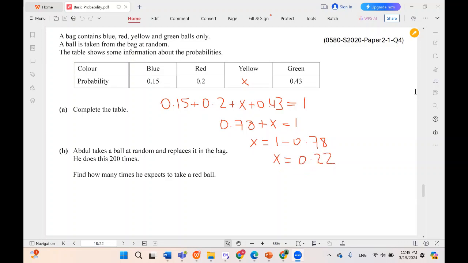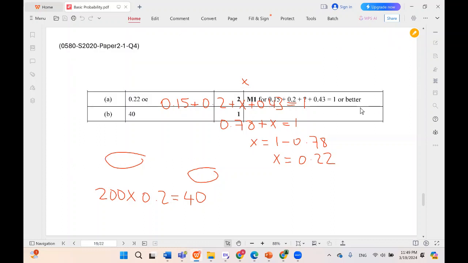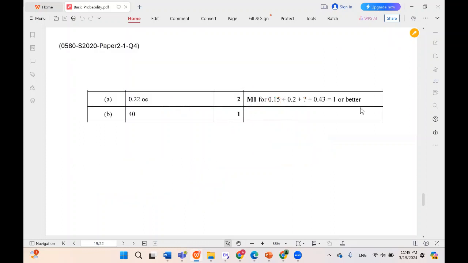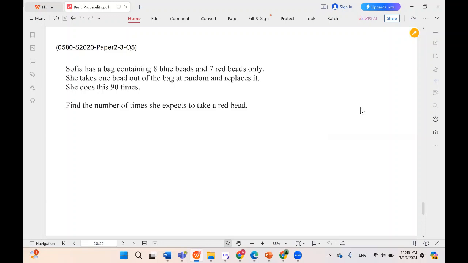And then for question B, we are told that he repeats the experiment 200 times, and we want the number of times he gets a red ball. So the probability of red is 0.2, and therefore the answer is 40. So we have 0.22 for A and 40 for B.